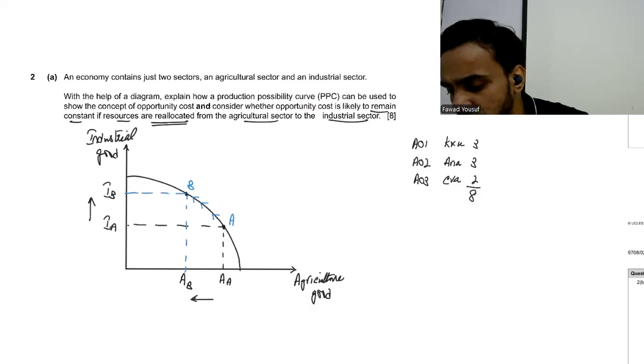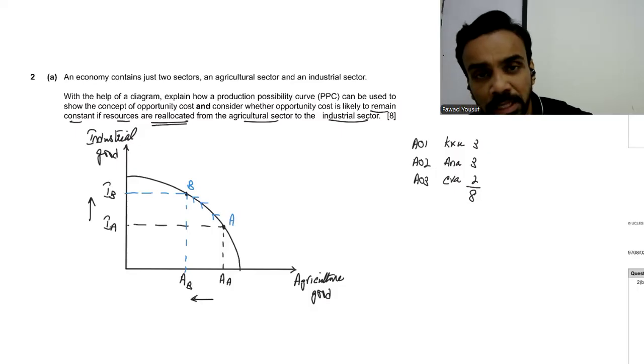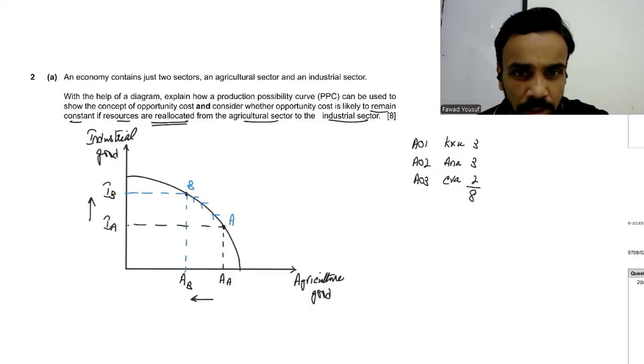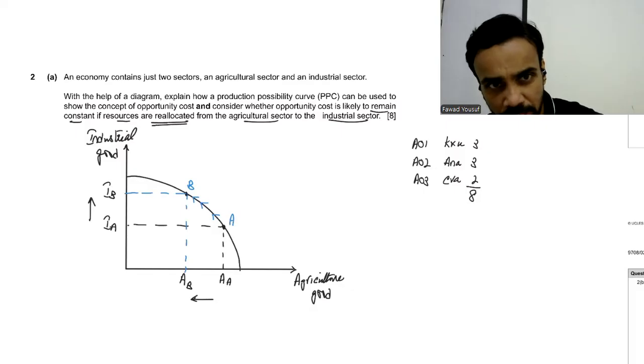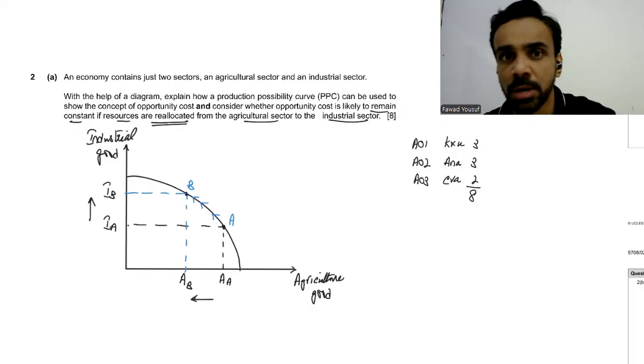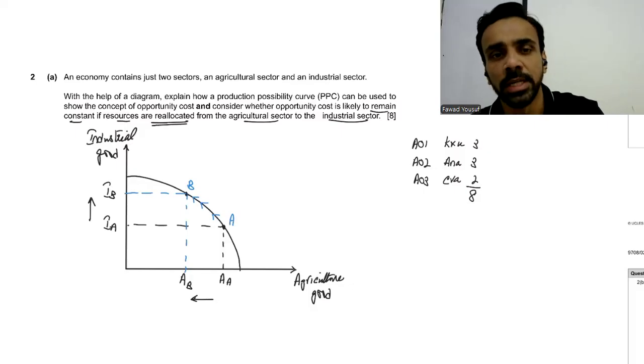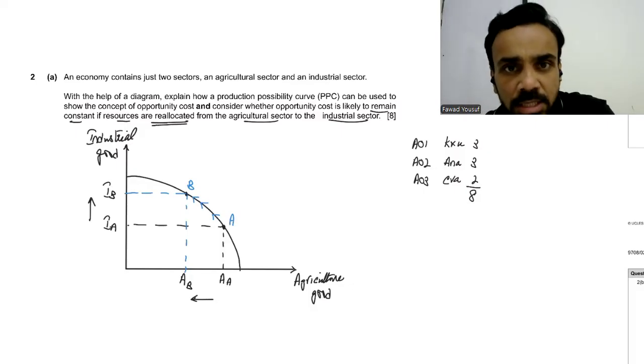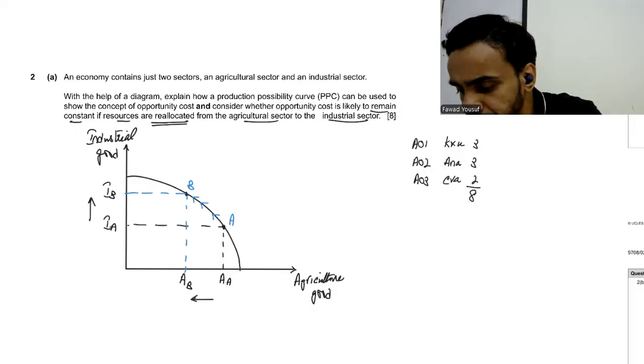You're going to get one mark for showing the correct arrow and the movement which is happening from A to B. अगर ये मैं B to A कर देता, that would have shown more agriculture and lesser industrial. Now that's problematic. तो फिर उसका mark कट जाता because the question already has indication of that.